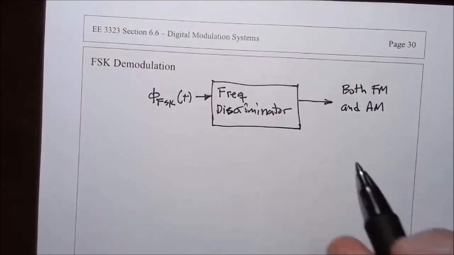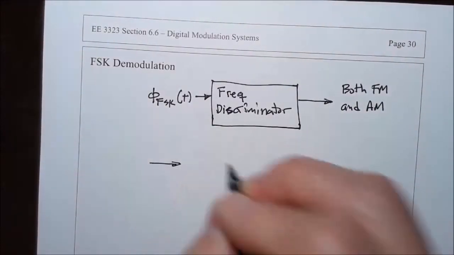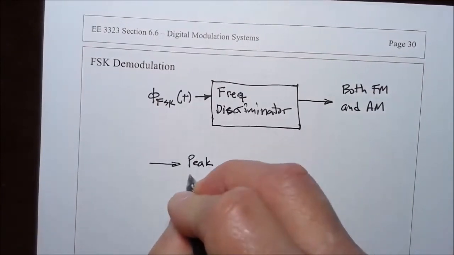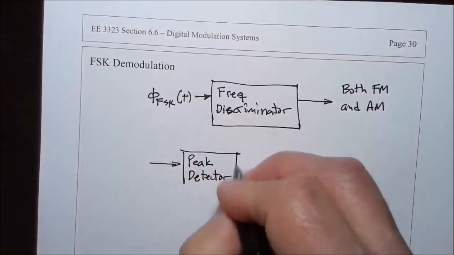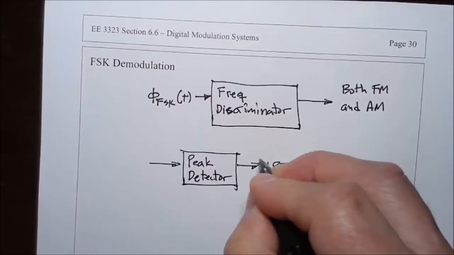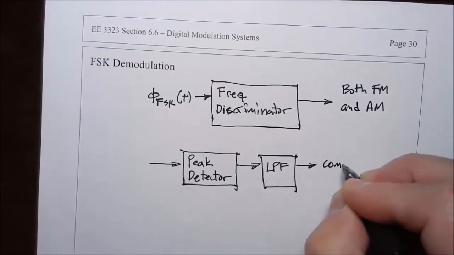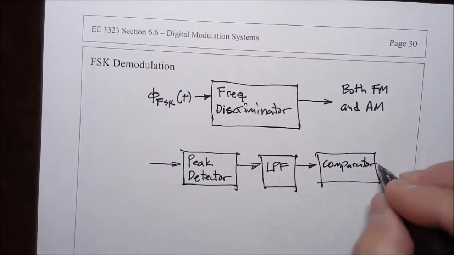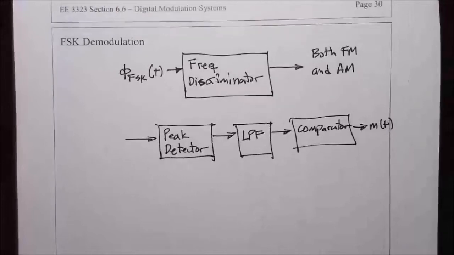Then we can take this signal through a peak detector, and a low pass filter, then perhaps a comparator, and we get out the binary signal again.